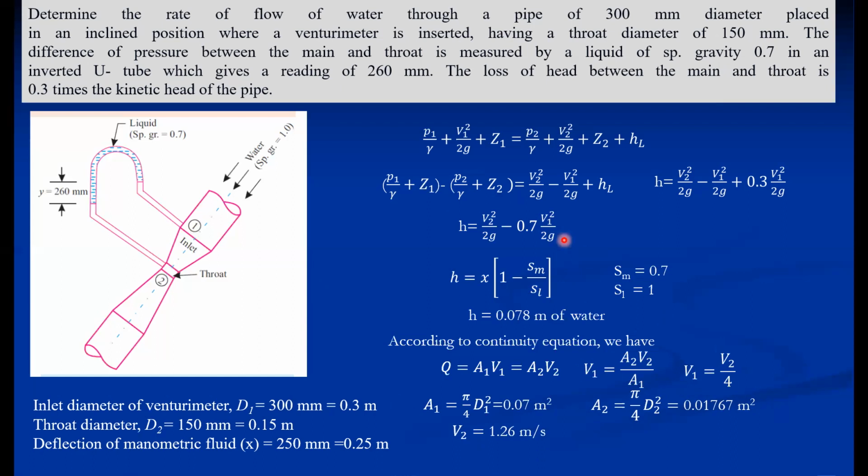Then we can directly calculate V2 by putting V1 in terms of V2 and solving. We get V2 is equal to 1.26 meter per second. So Q is equal to A2 V2, and finally we can calculate the rate of flow. Q is equal to 0.0222 meter cube per second.